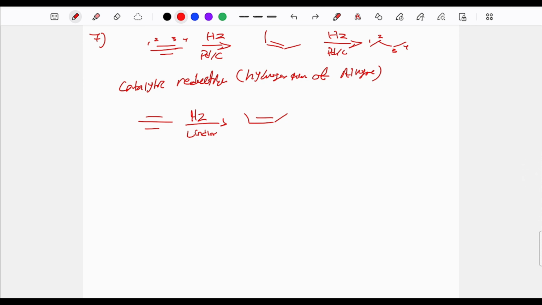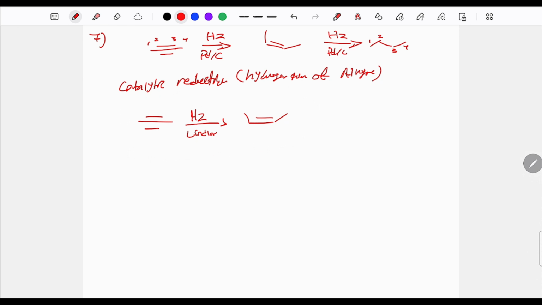Now, what if I don't want the cis-alkene? You know what I mean? What if I want the trans-alkene? Well, in that case, I have to do another reaction.